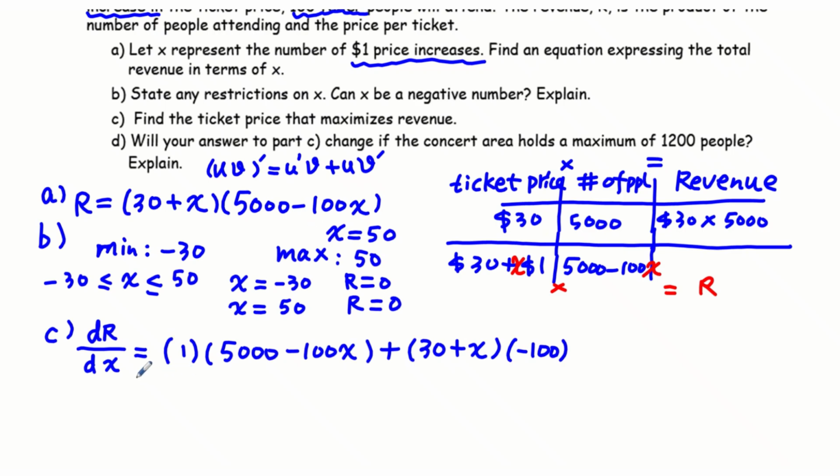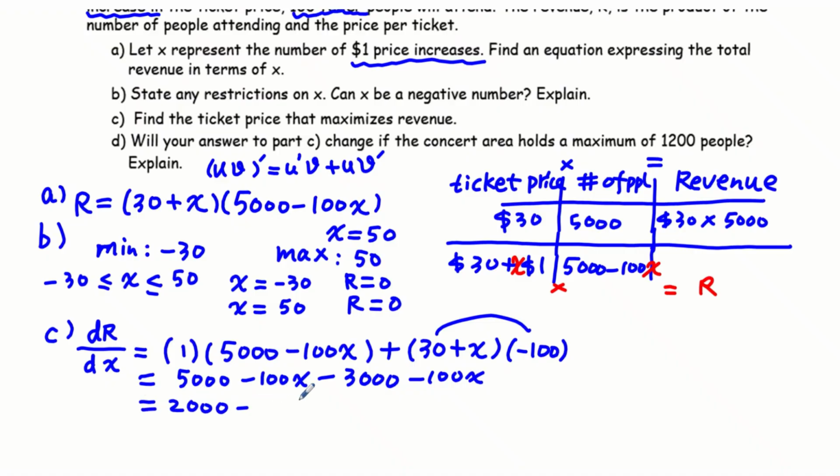So we have 5,000 minus 100x plus this times gives you minus 3,000 minus 100x. We have 2,000 minus 200x.